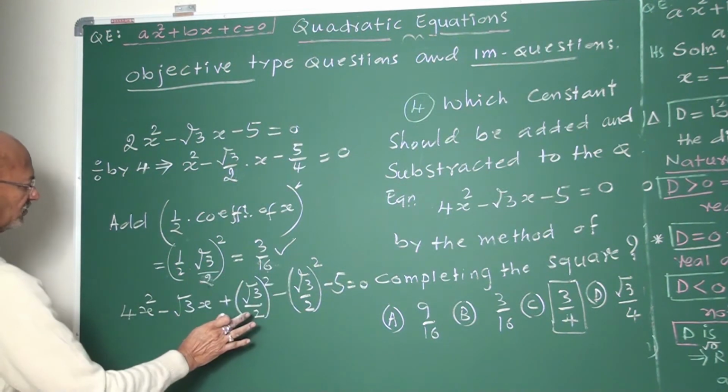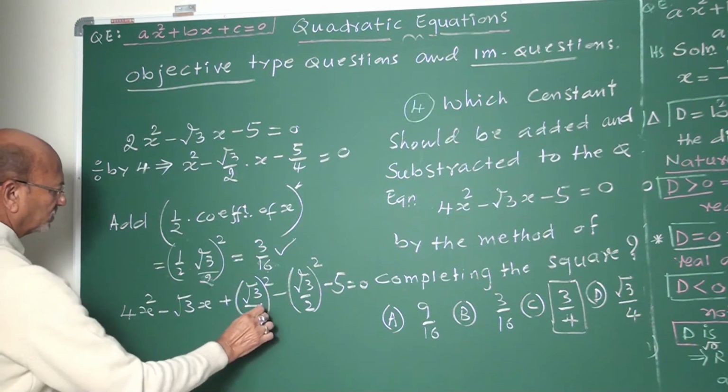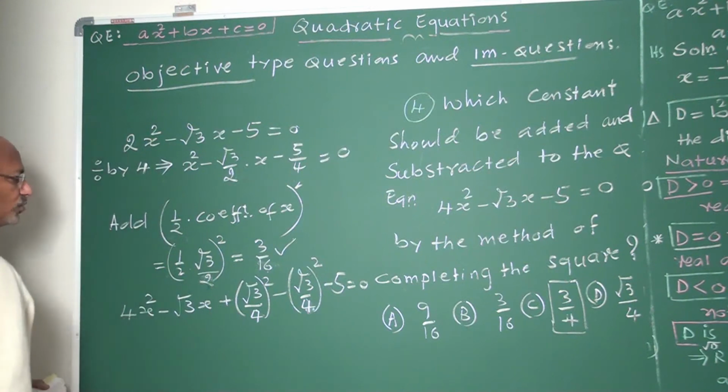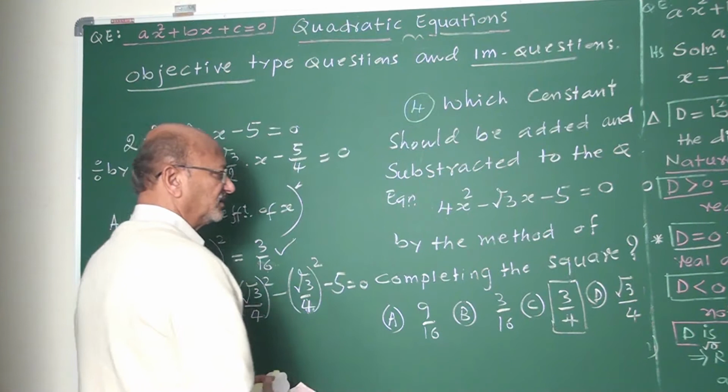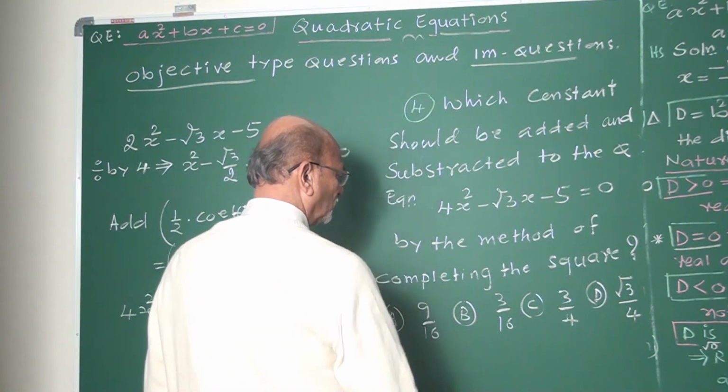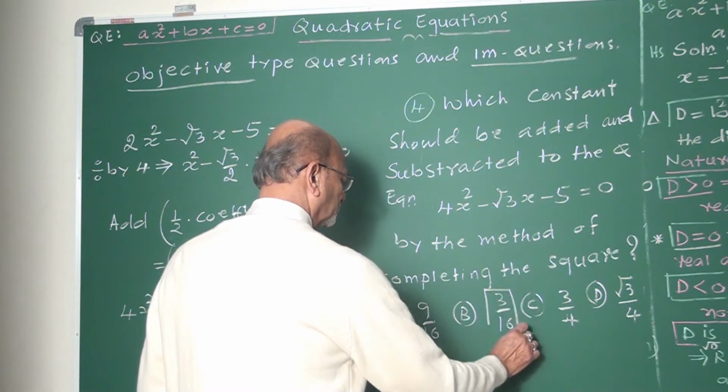What is this? It is root 3 by 4 the whole square, then it is 3 by 16. Answer is not C. It is B.